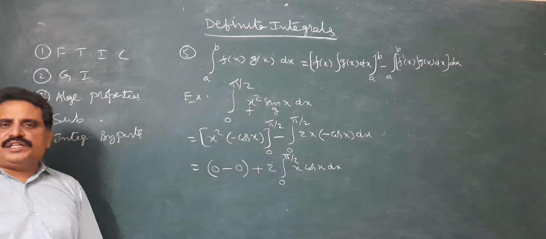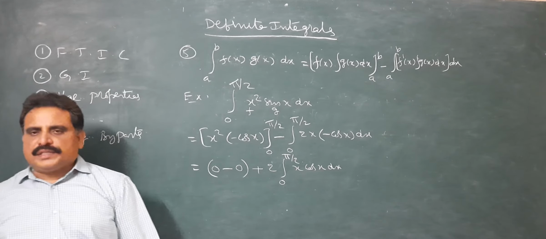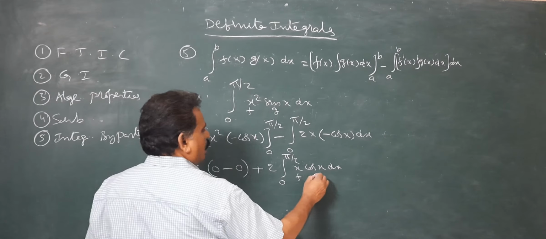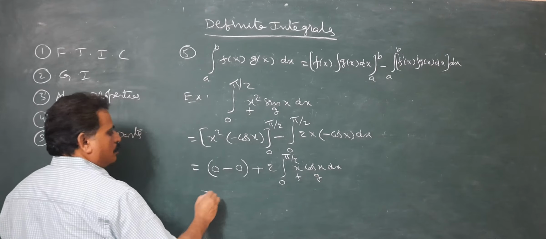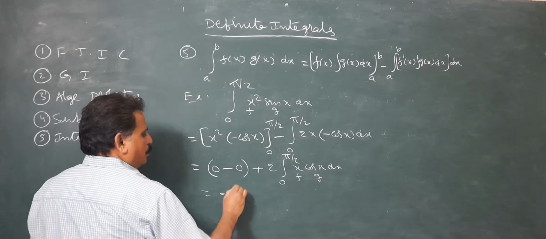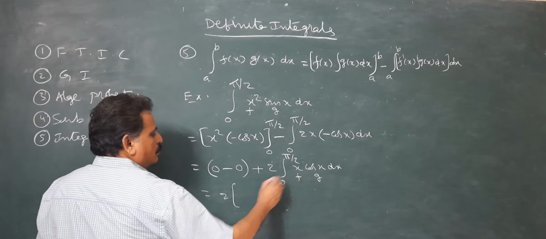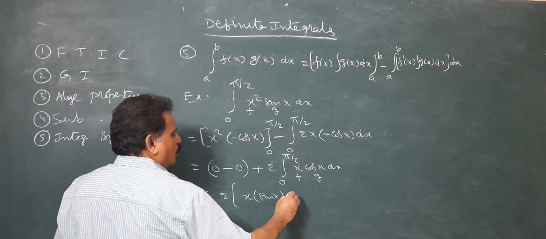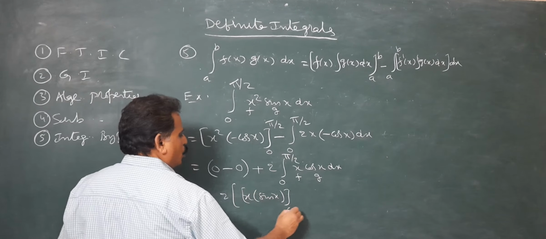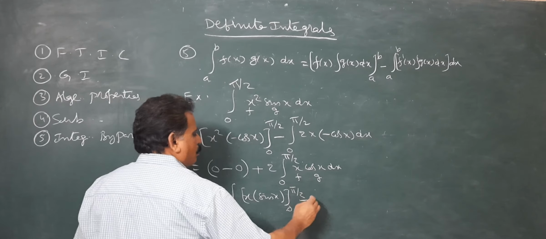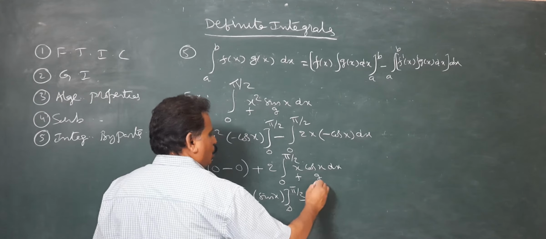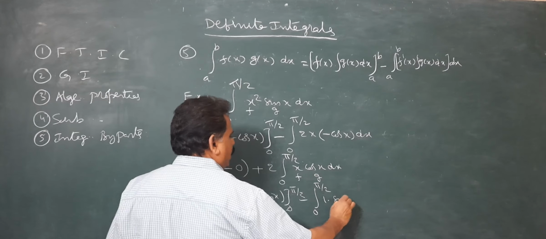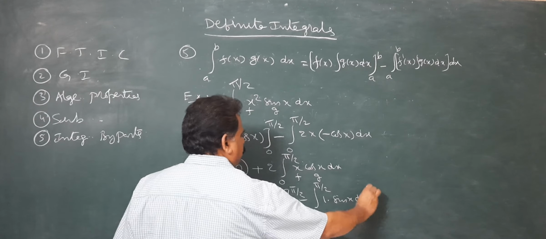Again use the integration by parts. In that, f(x) is x and g(x) is cos x. Now 2 into f(x) integral g(x): cos x integration is sin x over the limits 0 to pi by 2, minus the integral from 0 to pi by 2 of f dash x, 1, times the integration of cos x, sin x, dx.